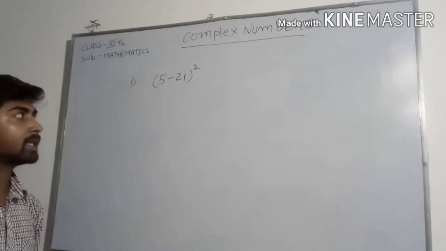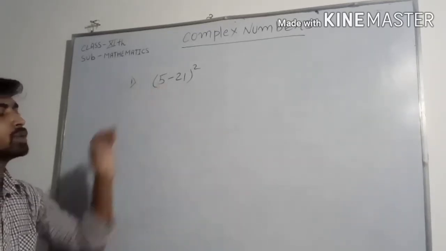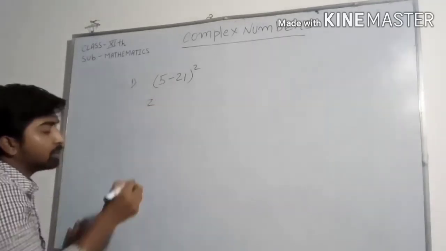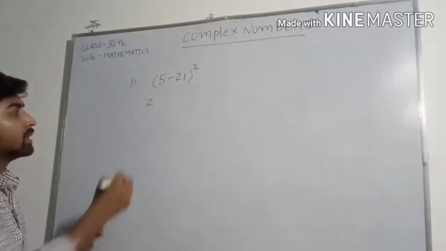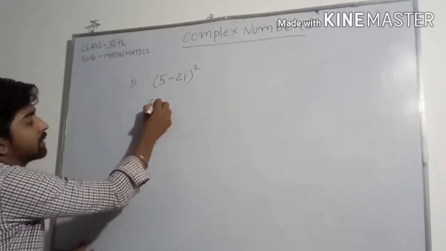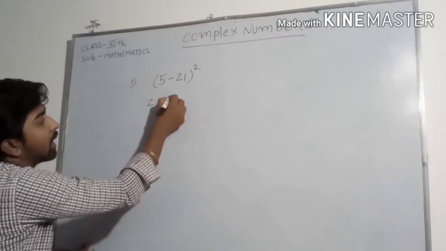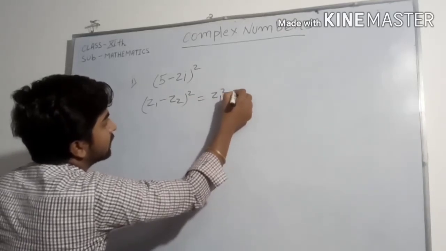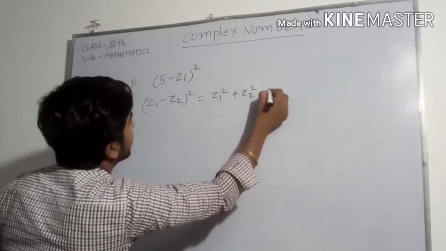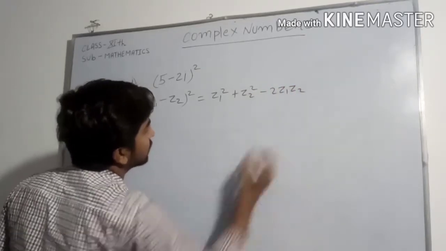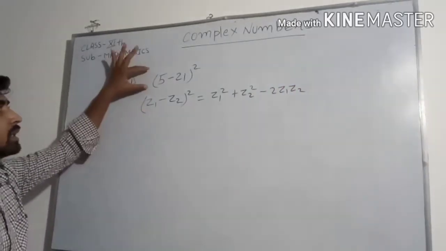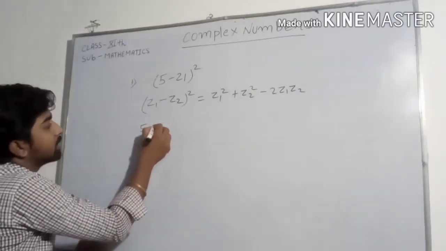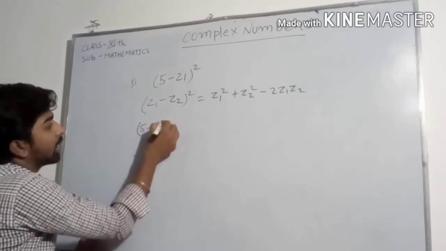This is very easy to find, because we have discussed that if z1 and z2 are two complex numbers, then square of z1 minus z2 equals square of z1 plus square of z2 minus 2 z1 into z2. And here the same situation is there.